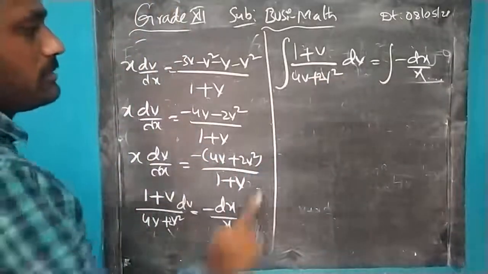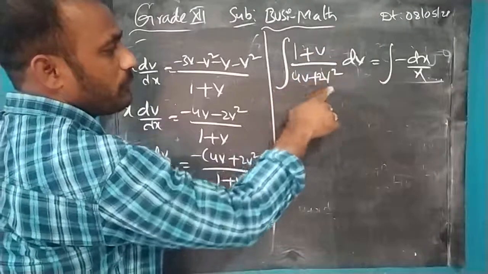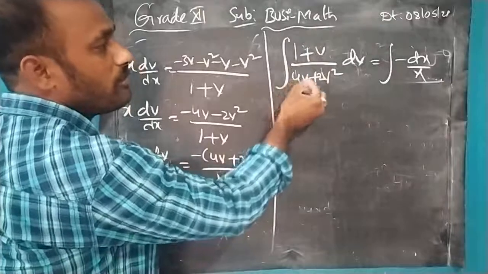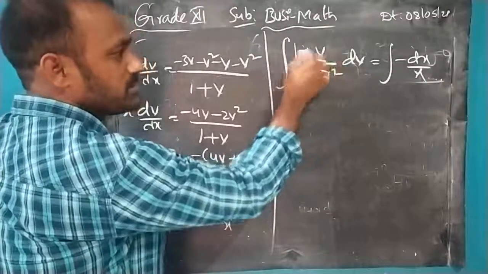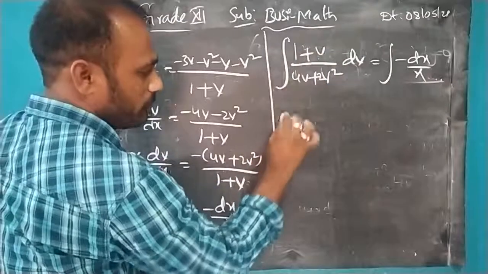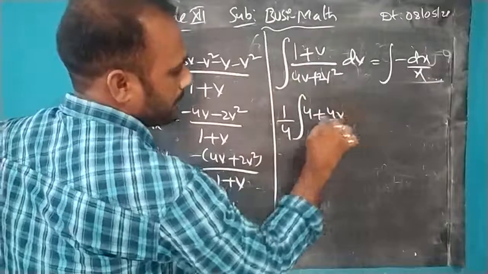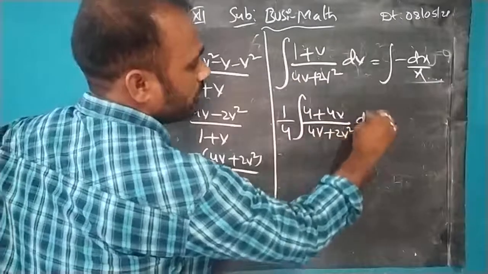Okay. See, already we learned that if the denominator is f of x, the numerator should be f dash of x. So derivative of 4v will be 4, derivative of 2v square will be 4v. So 4 is missing in this. So let me multiply and divide by 4: (4 plus 4v) divided by (4v plus 2v square) dv.